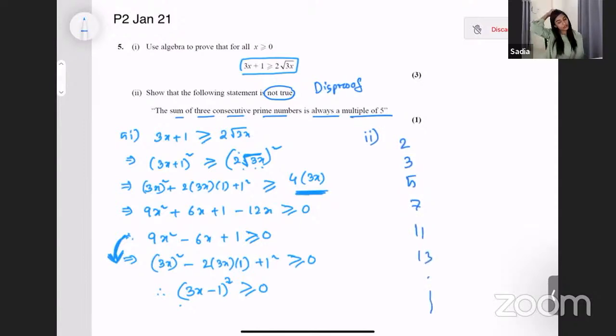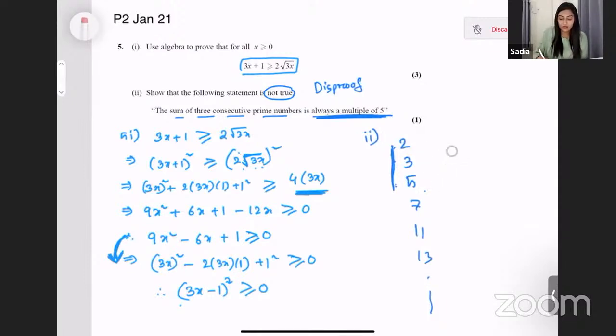I just need to select 3 consecutive prime numbers whose sum will not be a multiple of 3. We are trying to disprove the statement. Since it's a trial and error method, I can use the calculator. So we will get 2 plus 3 plus 5, that's 10. So 10 is not a multiple of 3, but you cannot use this one.